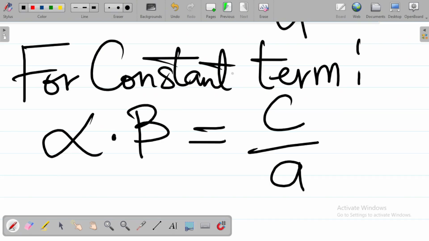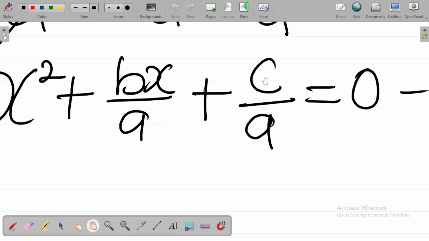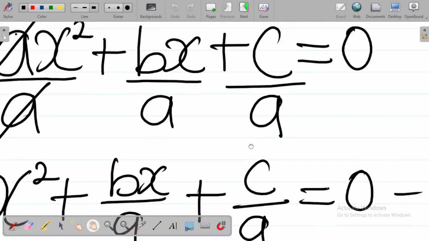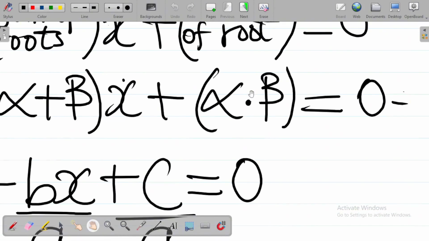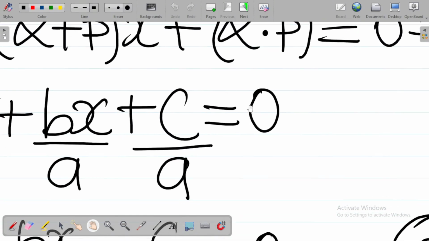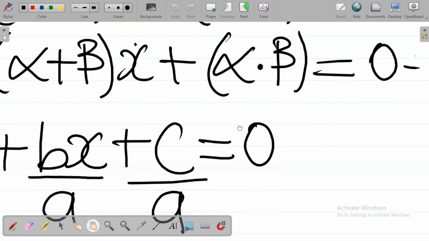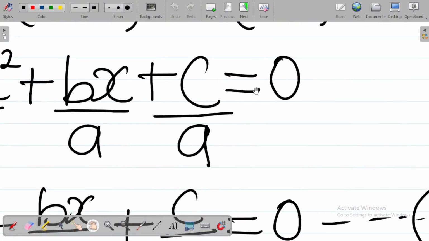How did we get this? Let me show you. For equation 3, c all over a is the constant term here. And then for equation 2, alpha multiplied by beta is the constant term here. So we simply equate alpha multiplied by beta to c all over a.